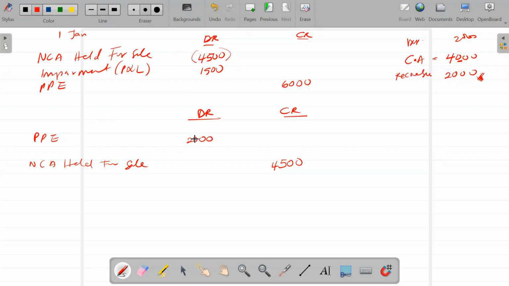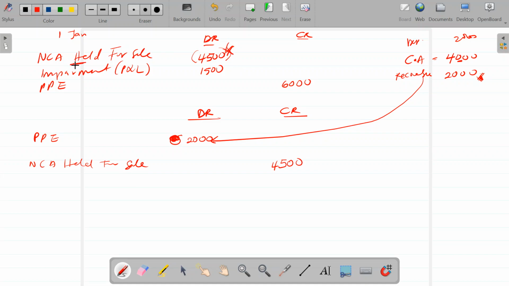So right now we are reinstating the asset back to PPE. To restate this back to PPE, we have to recognize this using the recoverable amount for the PPE. And this figure here, since we are taking it out, we have to remove it.